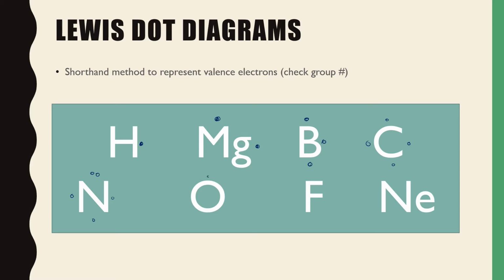Oxygen is in group 6, 1, 2, 3, 4, 5, 6. Fluorine is in group 7, 1, 2, 3, 4, 5, 6, 7, and neon is in group 8, 1, 2, 3, 4, 5, 6, 7, and 8.